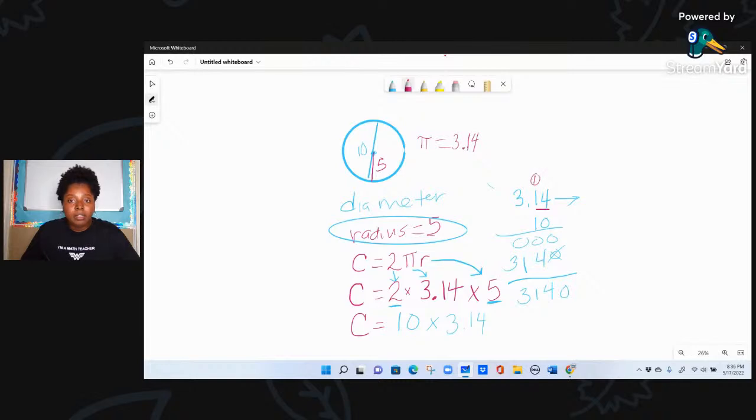So 1, 2. Okay, put it in the chat for me. So there's 2 numbers after the decimal here, no numbers after the decimal here, and all together there's going to be 2 numbers after the decimal in your answer. So you're going to get 31.40 units, whatever the units were.